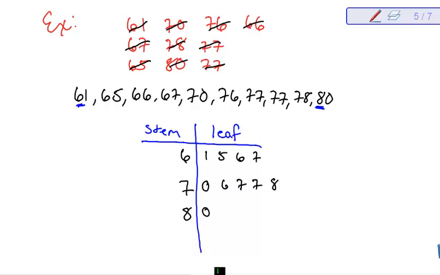Using this particular stem leaf plot, you can look and see what type of histogram it might make, because these are like 1 column, 2 columns, 3 columns.